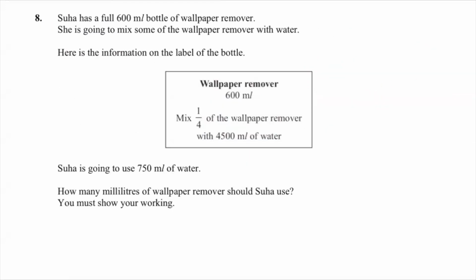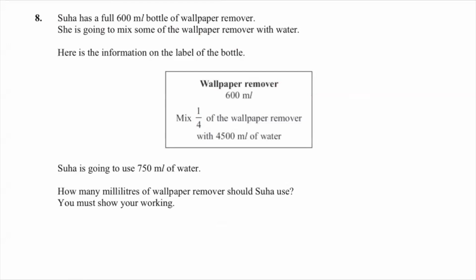So we need to read through this very carefully so that we can glean the appropriate maths from it. So we've got a full bottle of wallpaper removal, 600 milliliters. And we are going to be using 750 milliliters of water.